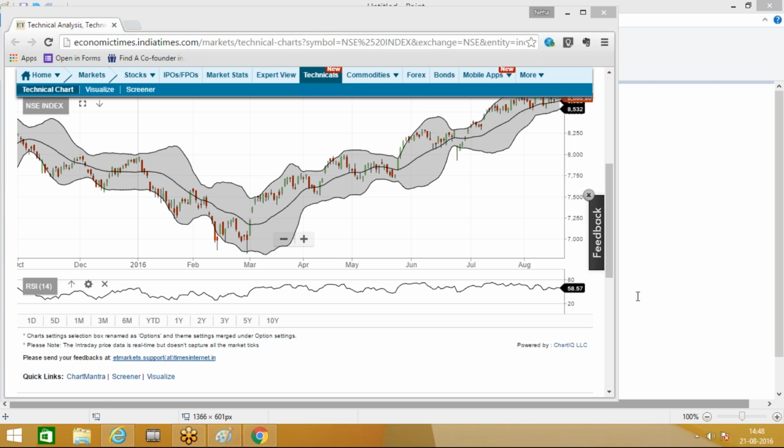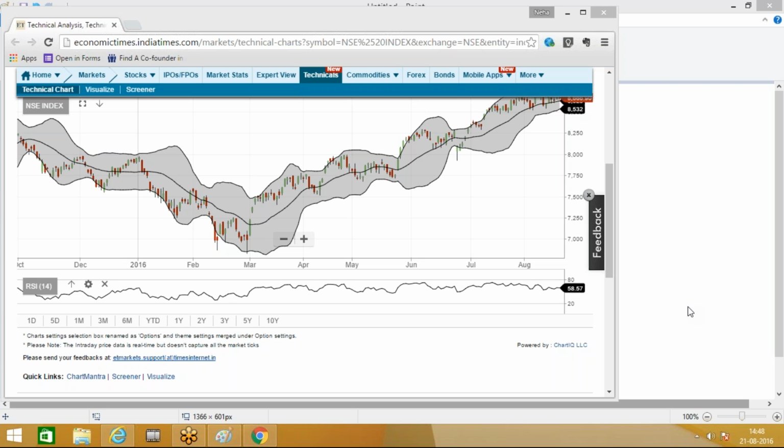Secondly, to answer whether you should follow the trend or just go by the Bollinger Band, trend can be defined as a long-term trend, short-term trend, whatever, but the Bollinger Band is normally used as a technical indicator for short-term trading. So within a larger trend, we know that there might be smaller trends on the other side of the larger trend.